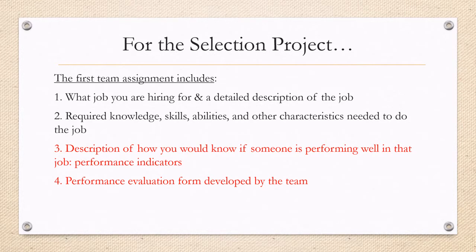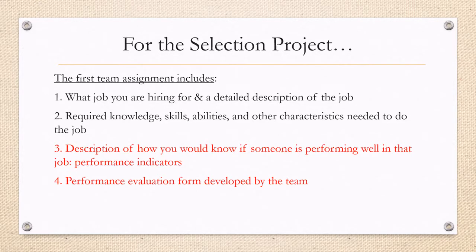A description of how you would know if someone is performing well. So these are your performance indicators. And then create a performance evaluation form that your team will develop.